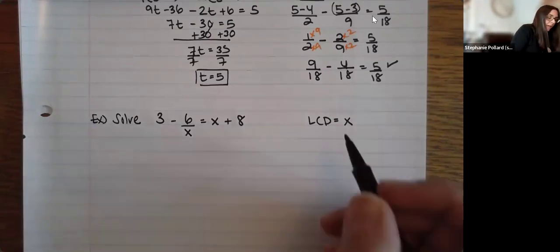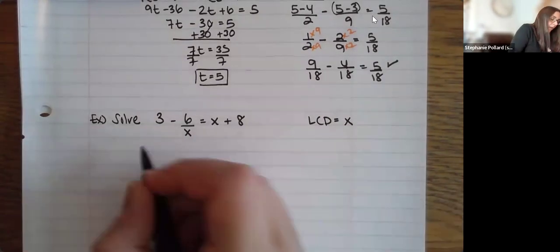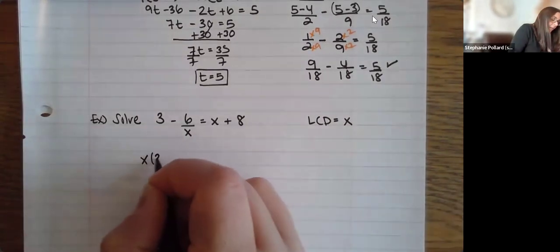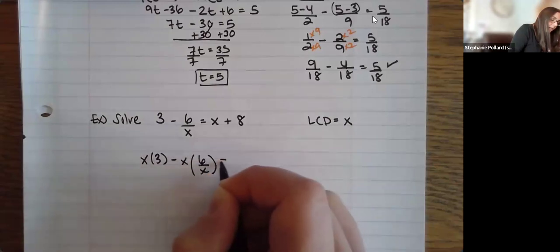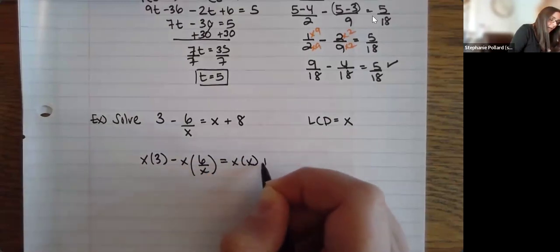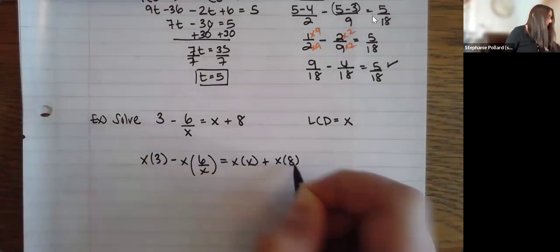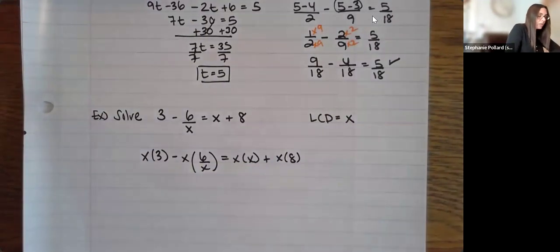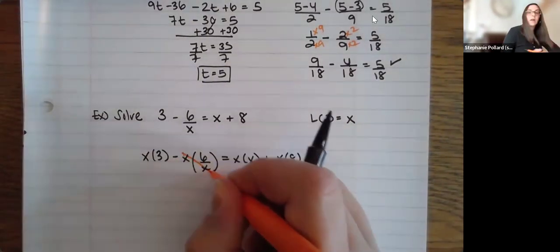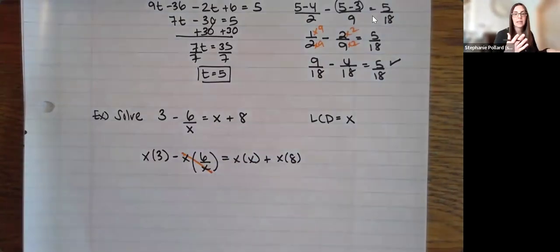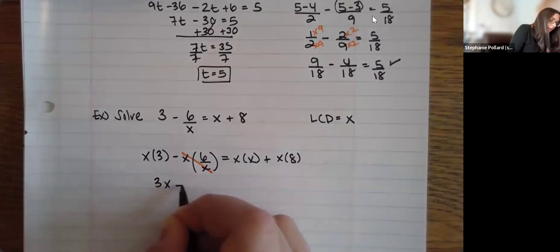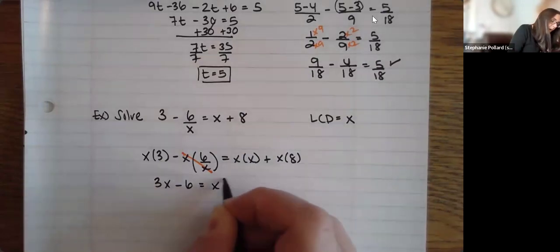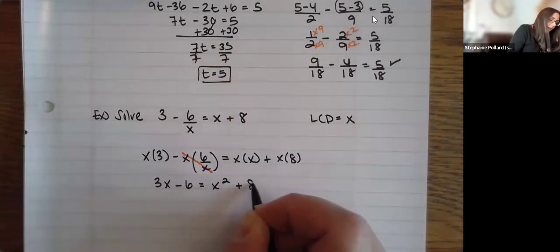So I'm going to multiply both sides by x, and with distributing through, it's going to be x times 3, x times 6 over x times x, and then x times 8. Now, the only fraction I have to clear out here is this x over x is just going to be 1, right? So that clears out, and I'm left with 3x minus 6 equals x squared plus 8x.